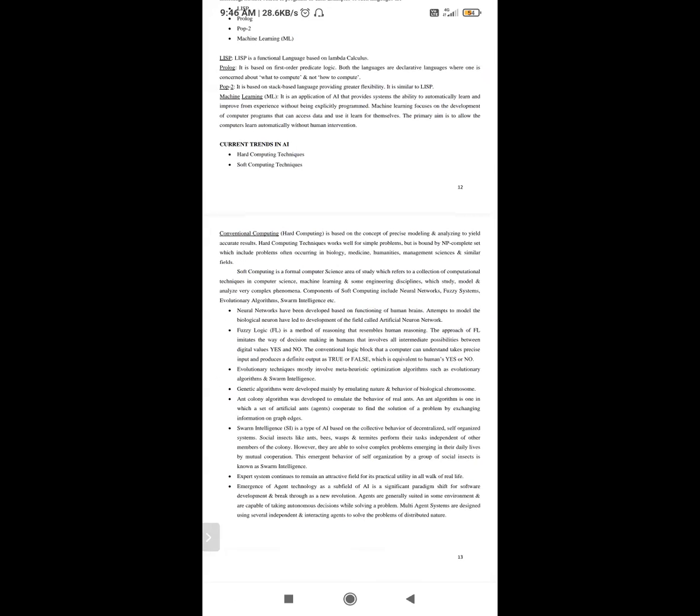Hard computing, or conventional computing, is based on the concept of a precise model and analysis to yield accurate results. This technique works well for simple problems, but is bound by the NP-complete set. It includes problems that often occur in biology, medicine, humanities, mathematics, and science.